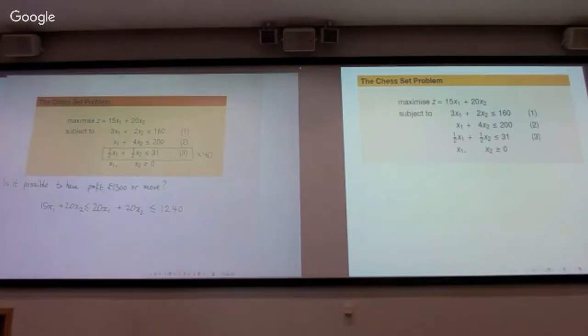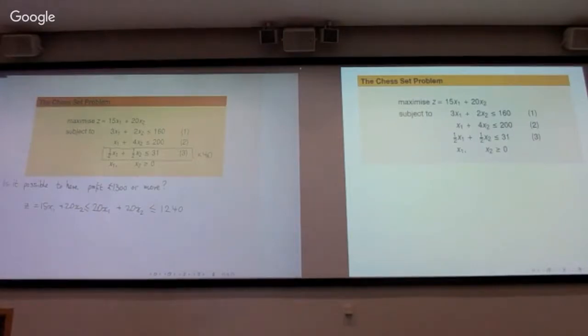What did I say? Probably said it the wrong way around. So, but if instead of 15x1, so 15 times something positive, we take 20 times something positive, we can only increase the value. Okay? So we have this inequality, and this is the objective function.